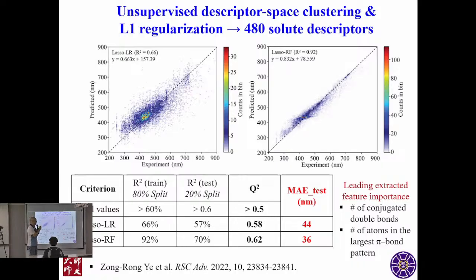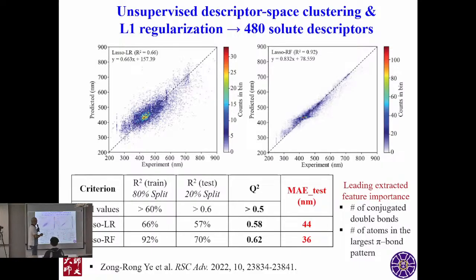The determination of the 15 is based on a scoring function. There are many scoring functions you can pick. Among those 15 categories, we pick the top 2 or 3 descriptors and assemble them back to form 480 descriptors. That's what we do through this unsupervised clustering technique.